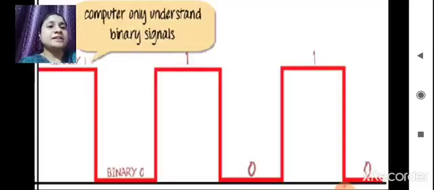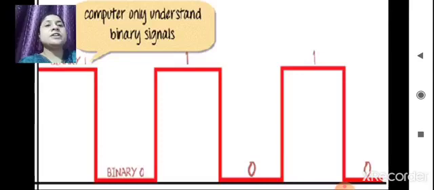You can see in the picture that binary 1 is a present pulse, and binary 0 is an absent pulse. Or we can say that 1 is an on state, while 0 is an off state.